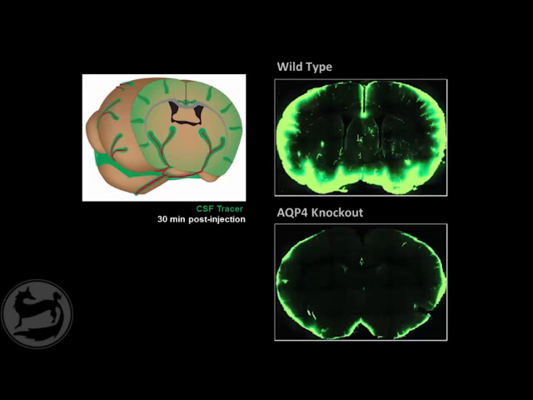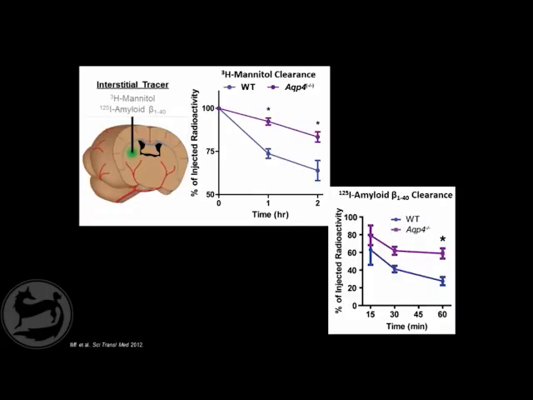In animals that express normal amounts of aquaporin 4, CSF tracer moves rapidly into and through the brain interstitium. However, in mice lacking the gene encoding aquaporin 4, the movement of CSF tracer into the brain parenchyma is dramatically reduced.